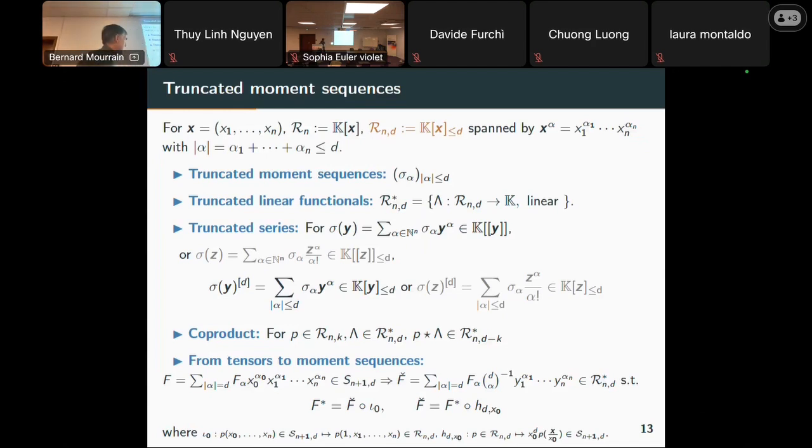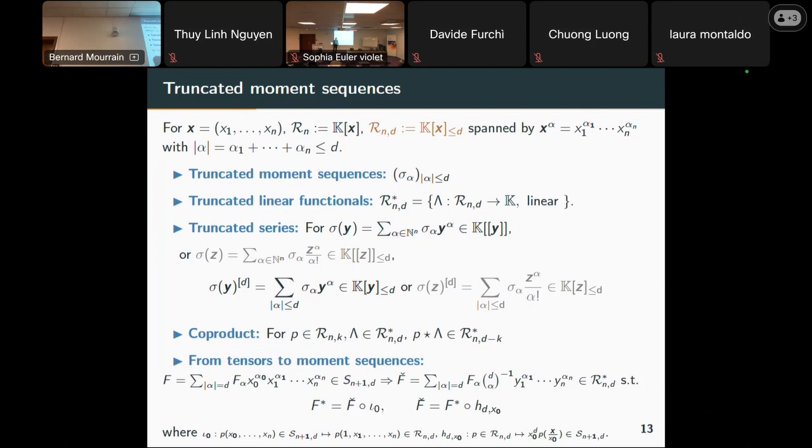So f star is equal to f hat composed with that iota substitution. Yes, but this is a dehomogenization, and this is the form defined on the affine polynomials.